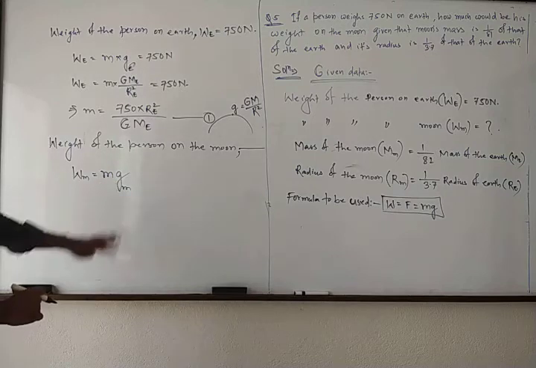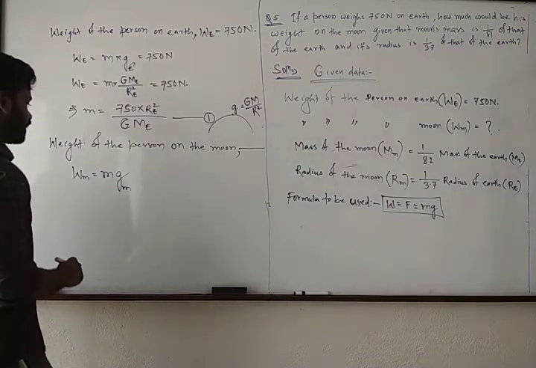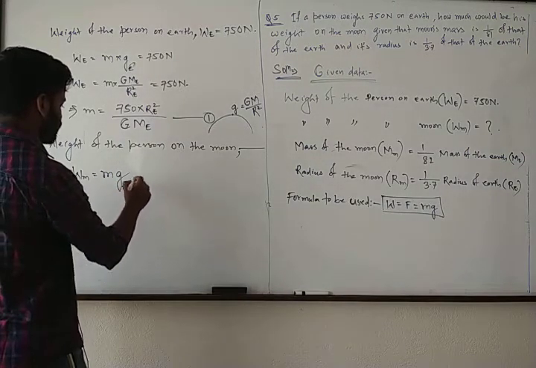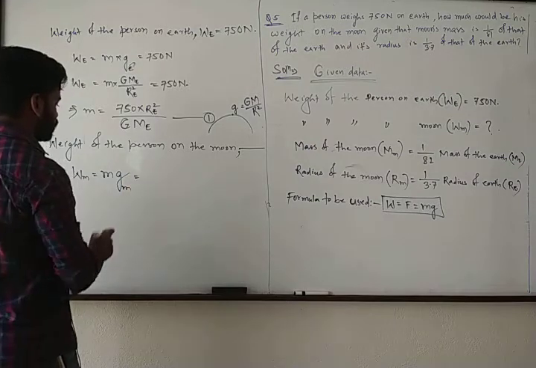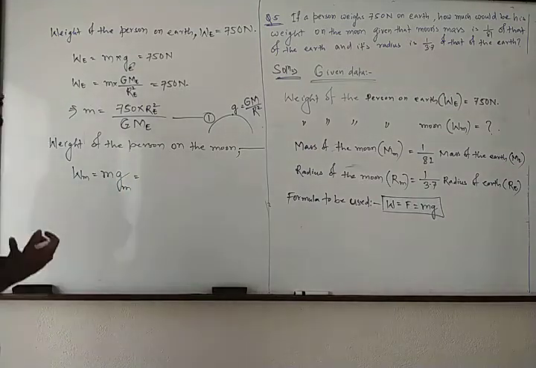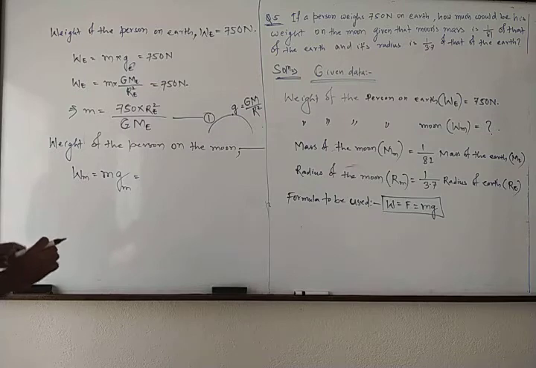So, m into g subscript m. This mass is constant. Mass of the person is constant everywhere. I have told you that mass is an intrinsic character, so it is not going to change anywhere.